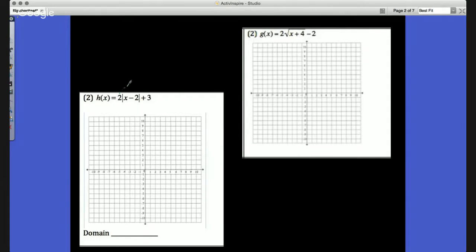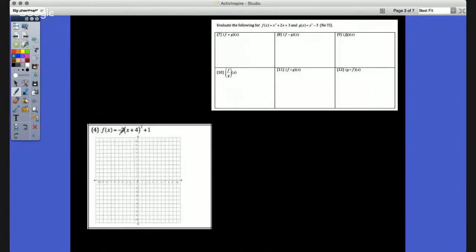Now, anytime we have some transformations, a lot of people that I know really struggle when we have a number that's on the outside. When given the horizontal and vertical transformation and even a reflection, such as this one right here with the -3, a lot of people don't struggle with that.